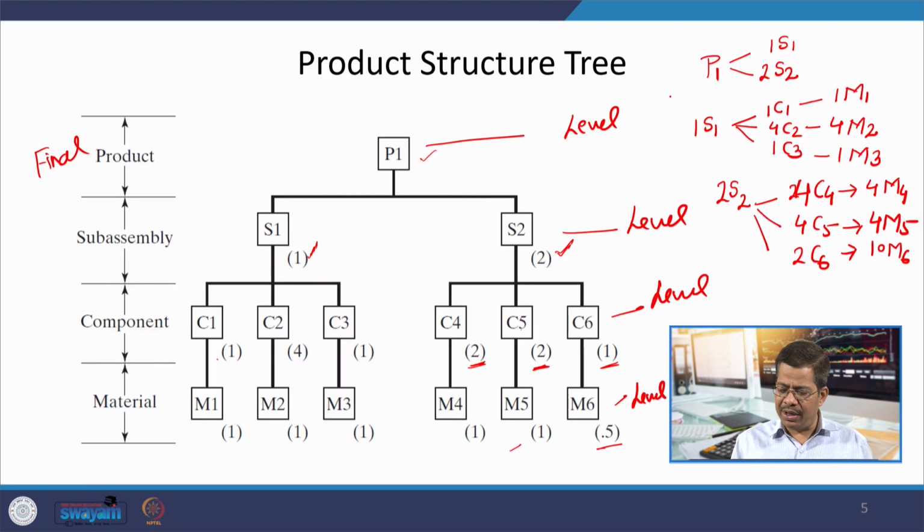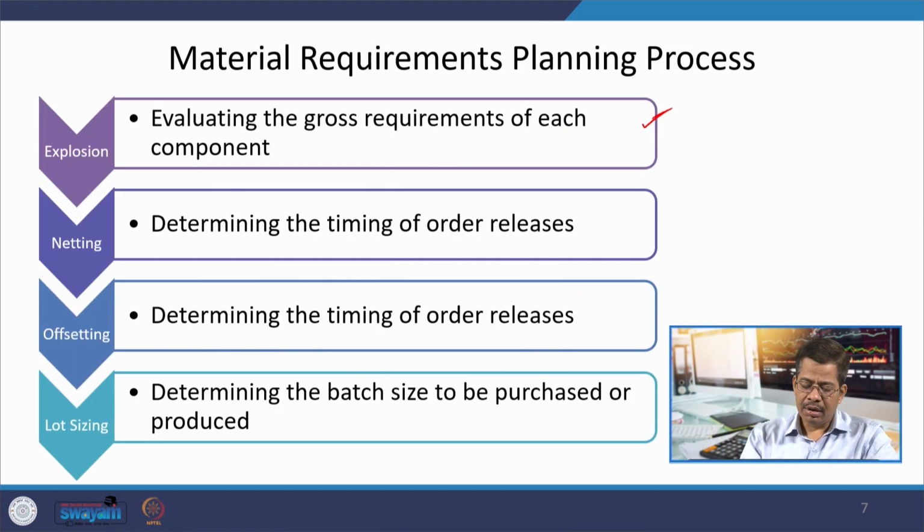Like I just calculated the gross requirement of each component. Now, if I say that I want to make 100 P1, you will see the gross requirements will be multiplied by 100 for all of these different sub assemblies, components and material parts. So, gross requirement, then timing of order release.